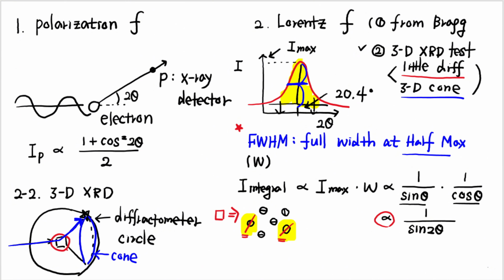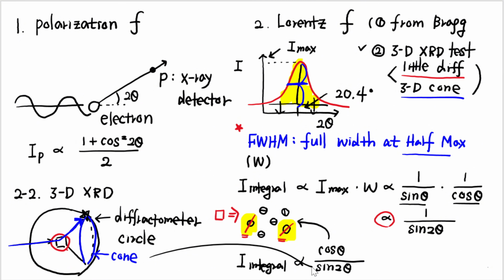So the equation will be I integral, simplify, cosine theta and sine 2 theta value. Cosine theta value is from the polycrystalline itself, and the cone is also associated with sine 2 theta. So here and there, you only need to remember three different angle relationships.